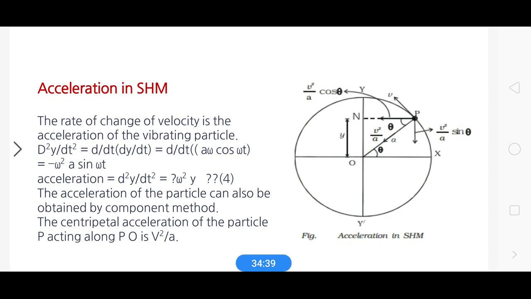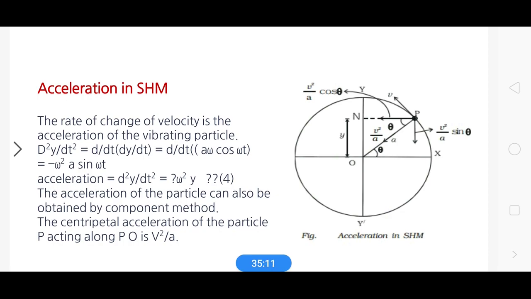So a is equal to d by dt of a omega cos omega t. Here we got minus a omega square sin omega t, and a sin omega t is equal to y. Then acceleration a is equal to minus omega square y.